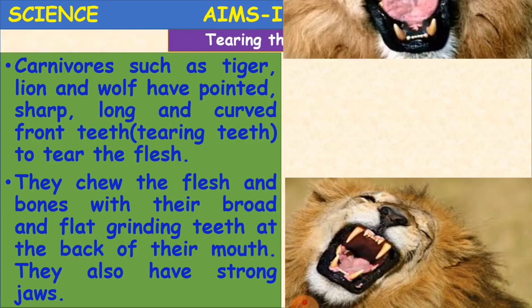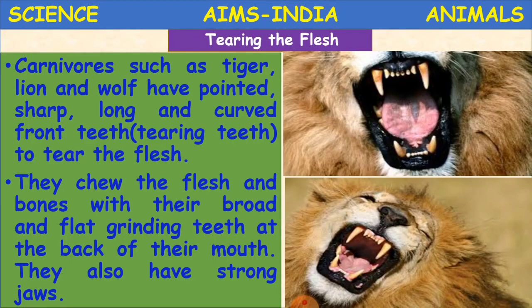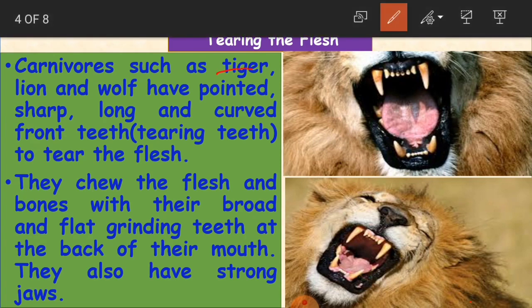And if you see here children, this is about carnivores. How do carnivores eat and what do they eat? They eat animal flesh, and they tear the flesh. For example, the tiger, lion, wolf and all these animals have pointed, sharp, long, curved front teeth to tear the flesh.